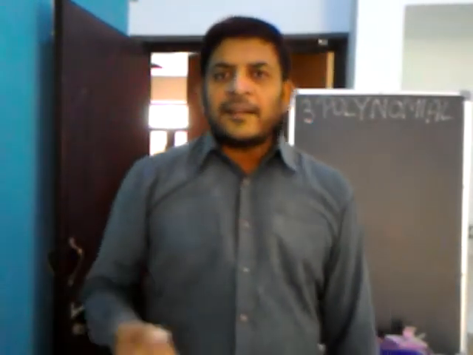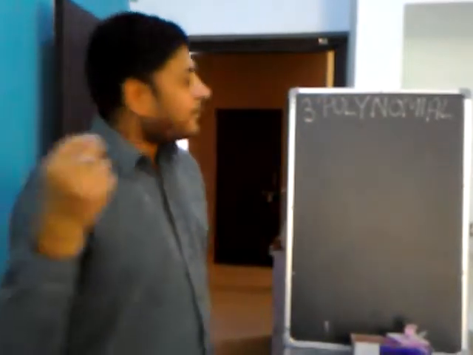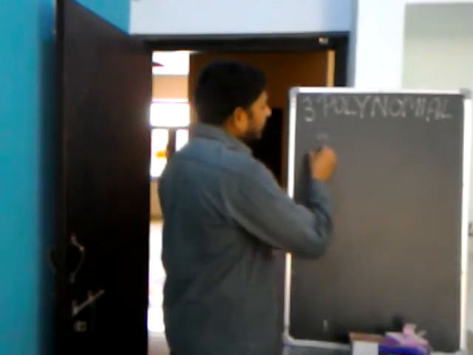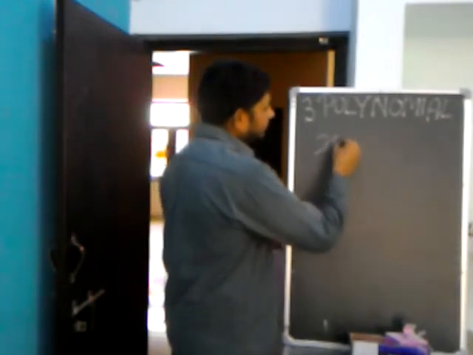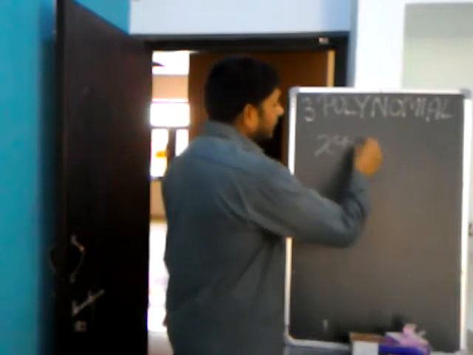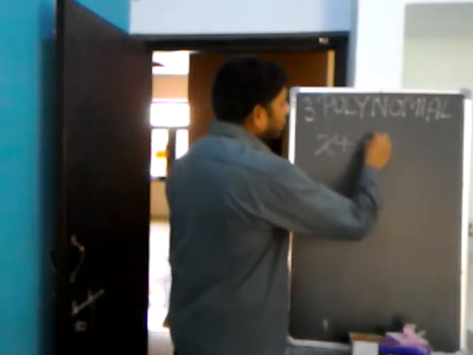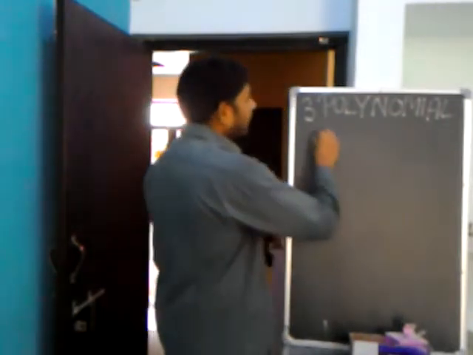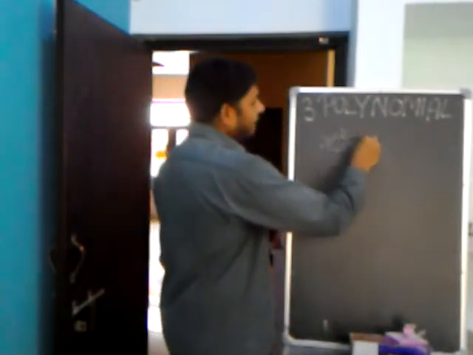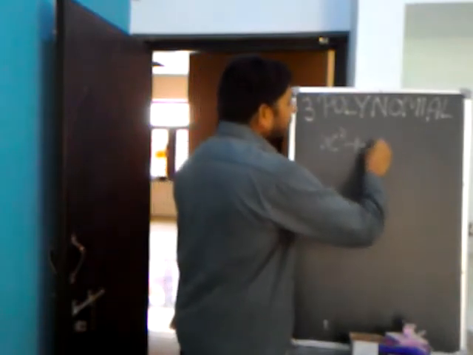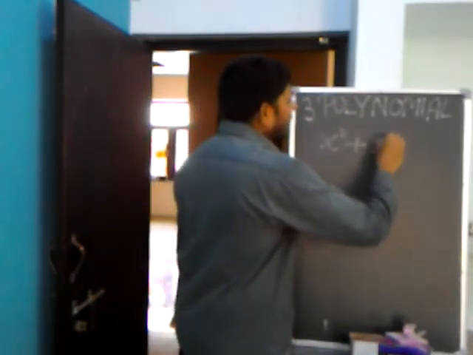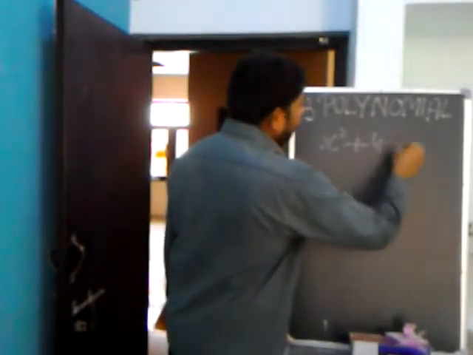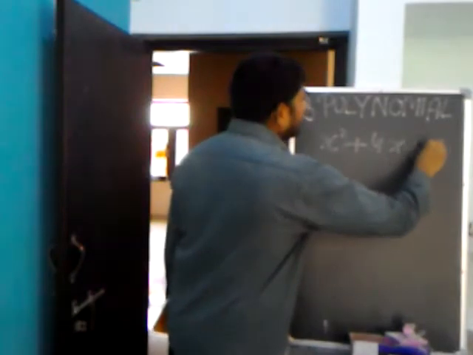In class 7, 8 and 9, we have solved polynomials like this: x plus 2y, or something like this, for example x square plus 4x plus 4.